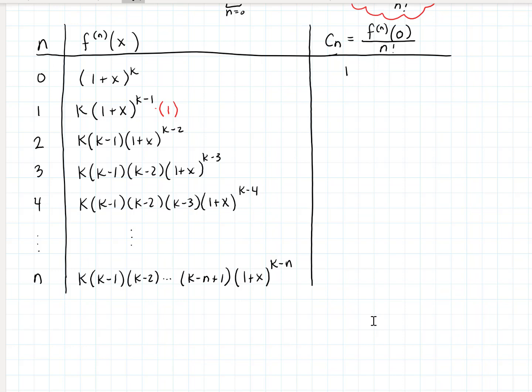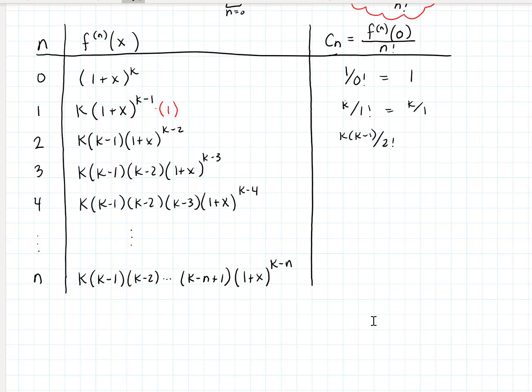For the first derivative, if I plug in 0 here, I end up with k times 1 over 1 factorial, which is just k over 1, and then the second derivative, k times k minus 1 over 2 factorial, and I'm going to stop expanding the factorials here.